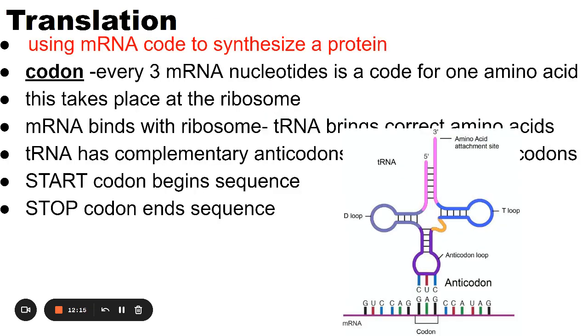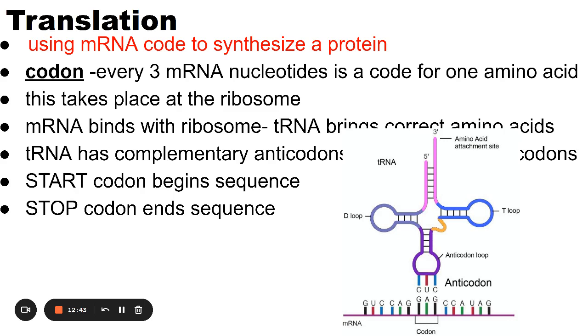And then that RNA can go do its thing. It goes out of the nucleus. Its job is to go to the ribosome. Every 3 letters on the messenger RNA is called a codon. And it's a code to attach a single amino acid.